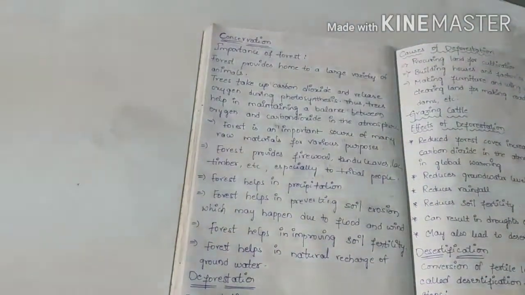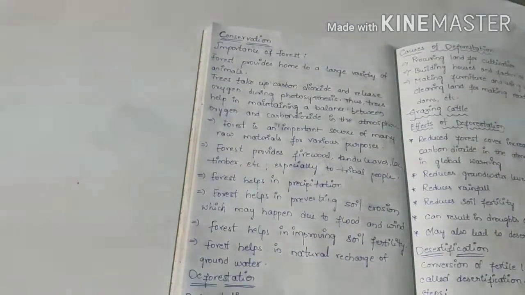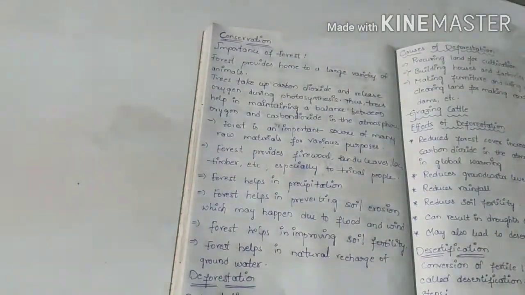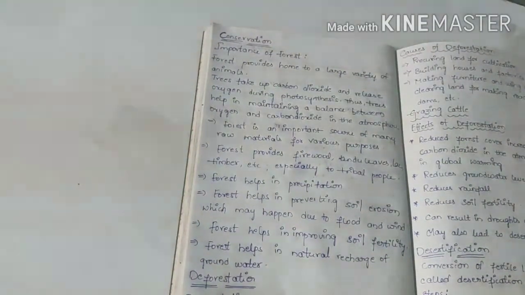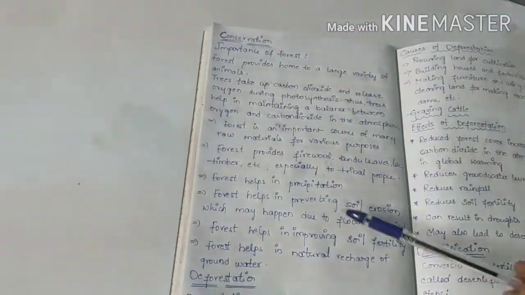Some people are living depending on the forest. They get products from the forest and utilize them for their survival, whether consuming or selling. They depend on the forest for many raw materials.